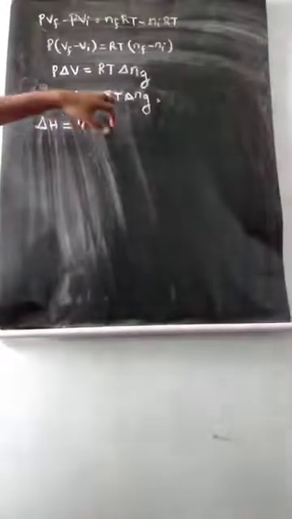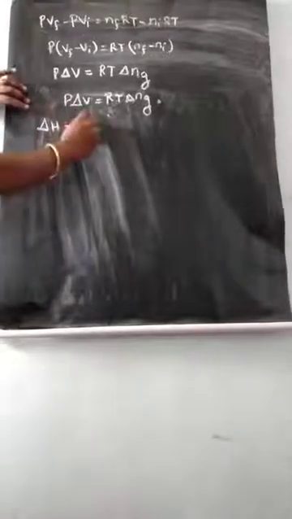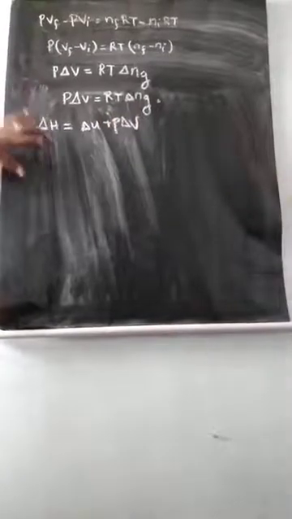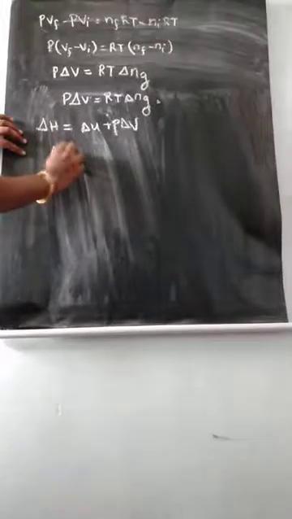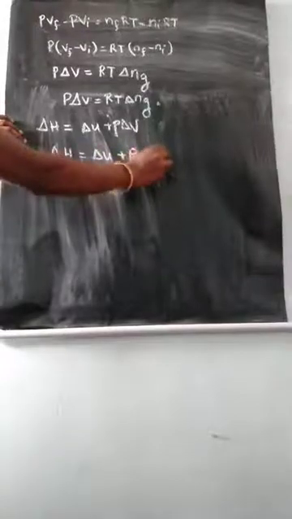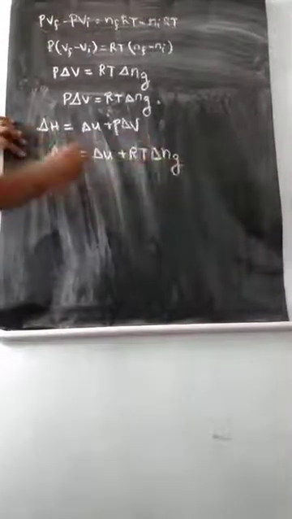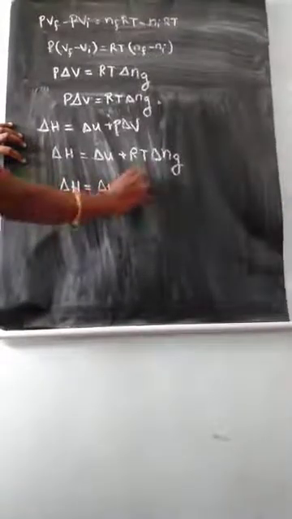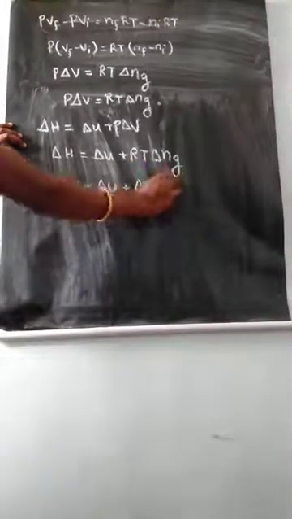You know the formula for enthalpy change: delta H equals delta U plus P delta V. If you substitute P delta V equals RT into delta Ng, delta H equals delta U plus RT into delta Ng. Just rearranging, you can write delta H equals delta U plus delta Ng into RT.